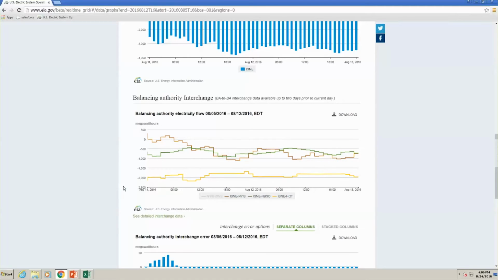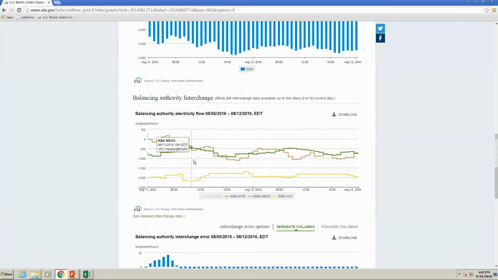The yellow line at the bottom is Hydro-Quebec, and this is around 2,000 megawatts, pretty consistent over those 2 days. It's not surprising because Hydro-Quebec and New England have a long-term contract to bring in significant amounts of power from their hydro system.